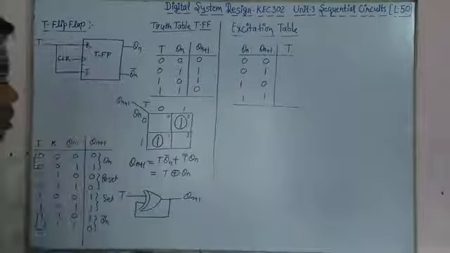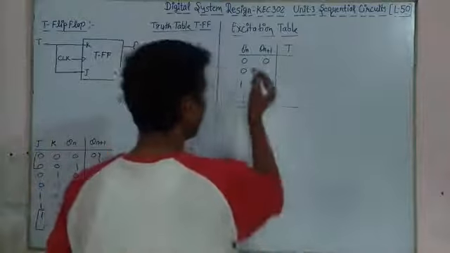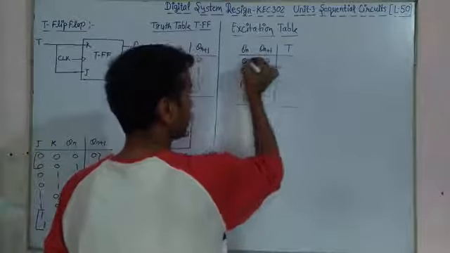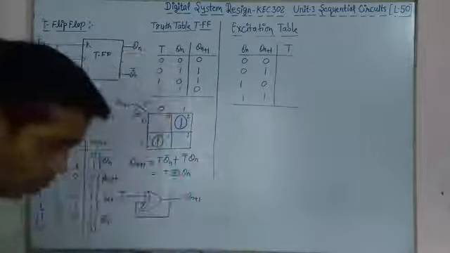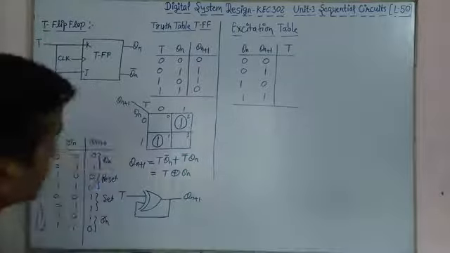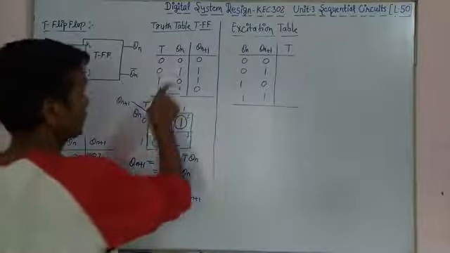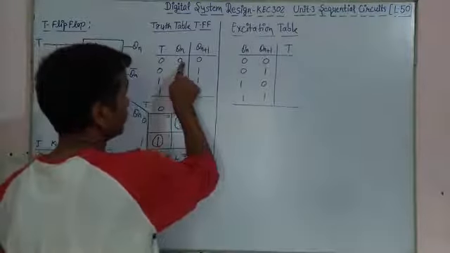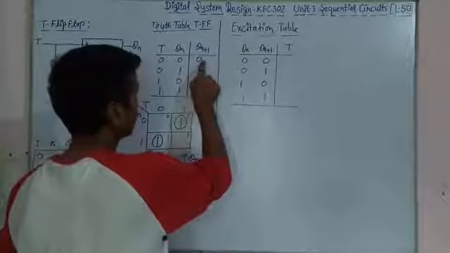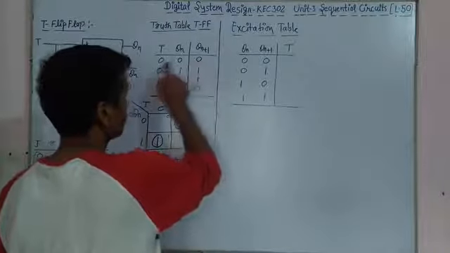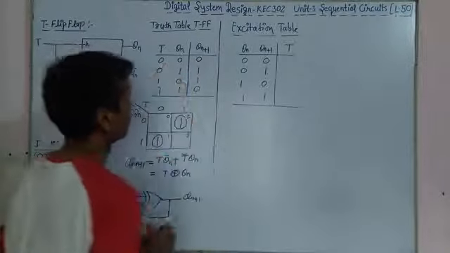So you tell me, if you want output 0 for a given input 0, what will be the value for T? You can see here Qn is equal to 0, Qn plus 1 you are getting also 0, so the value for T is equal to 0.